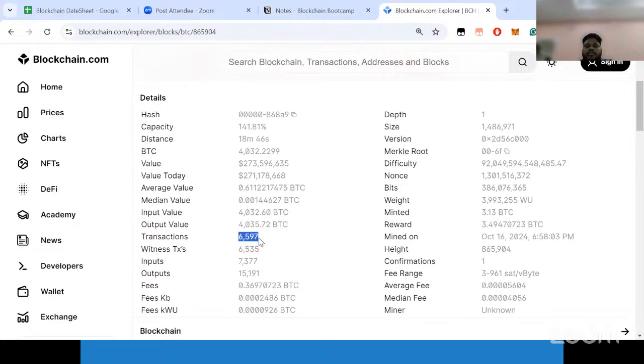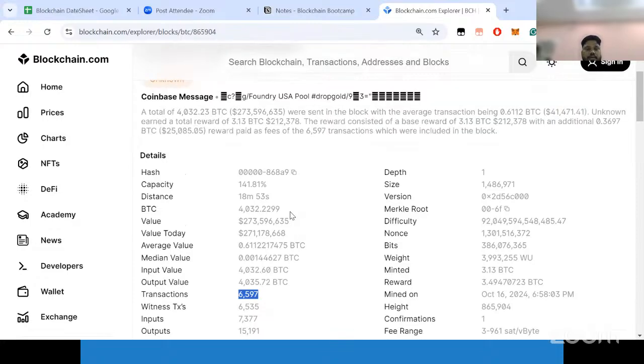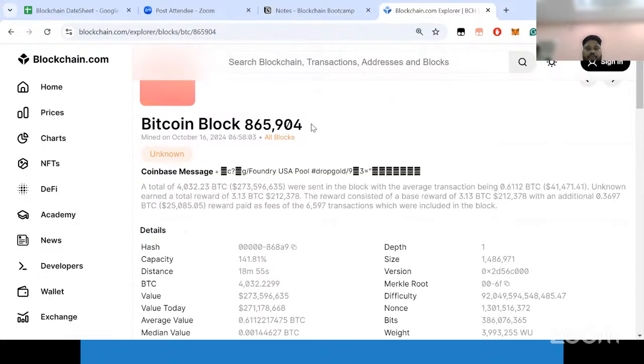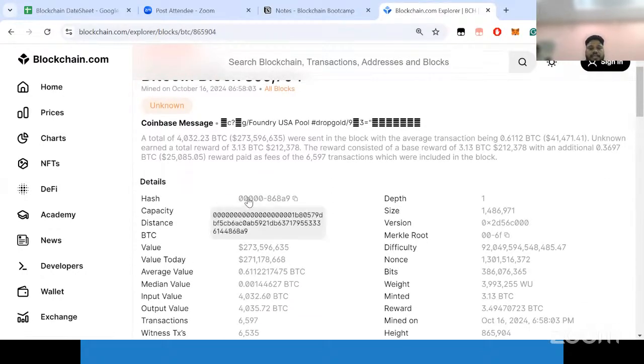In total, 6,597 transactions are available within block number 865,904. When it got mined, the date, year, time and seconds are also clearly visible here. And the hash, which I told you about, is an identity for a particular block.